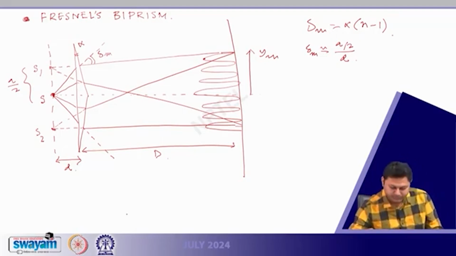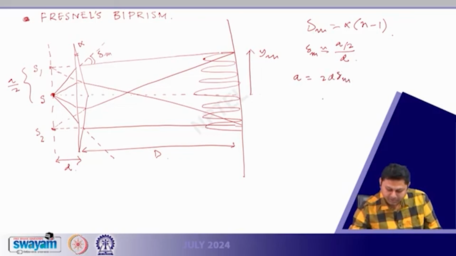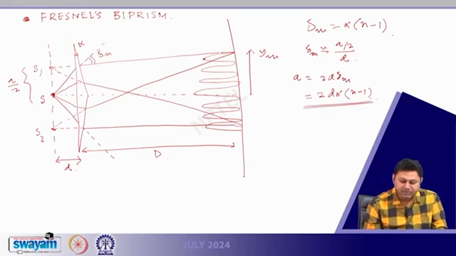Now from here I can find out a is equal to 2 d delta m, or 2 d alpha (n minus 1), because delta m is alpha (n minus 1). So this is my a value, which is the separation between these two sources S1 and S2.